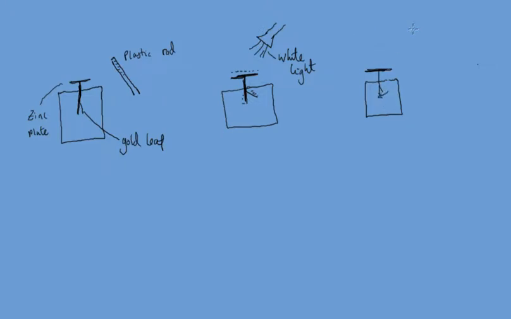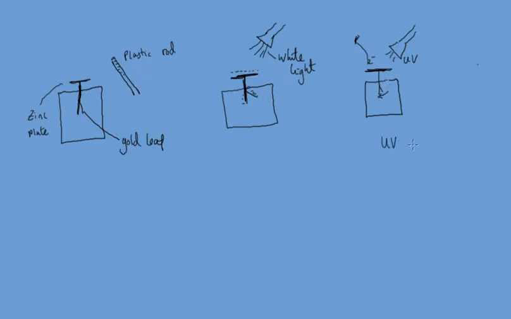So if we shine UV light, our foil drops because the UV light gives the electrons enough energy to be repelled off the zinc plate. We basically discharge this setup, and this is able to drop.